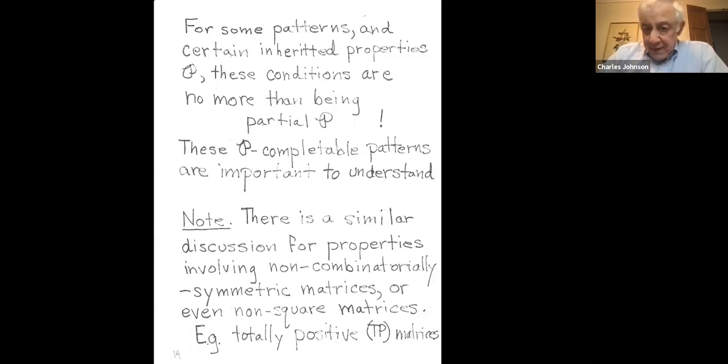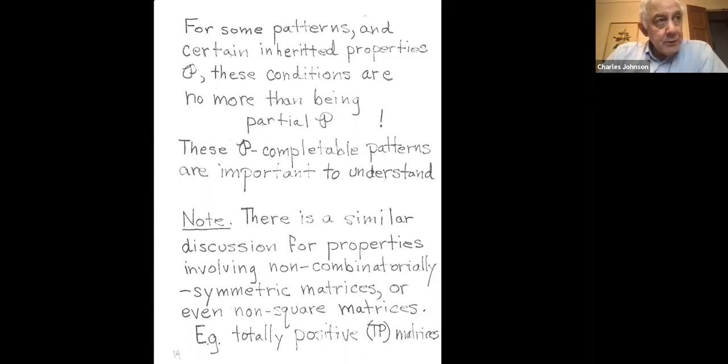I call these P-completable patterns, and it's important to understand those. For which patterns do we only need to know that being partial P is enough to know that we have a P completion? So, by the way, last summer in the REU program that I run each summer, we were looking at totally positive completions, which is a problem that's still got lots to do on it.